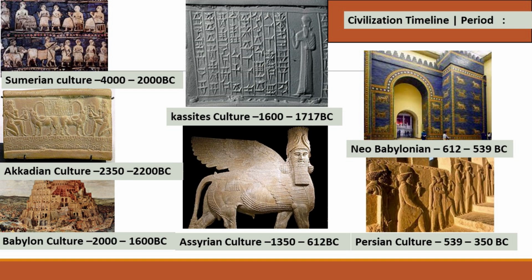Babylon culture 2000 to 1600 BC. Kassites culture 1600 to 1717 BC. Assyrian culture 1350 to 612 BC. Neo-Babylonian 612 to 539 BC. Persian culture 539 to 350 BC.